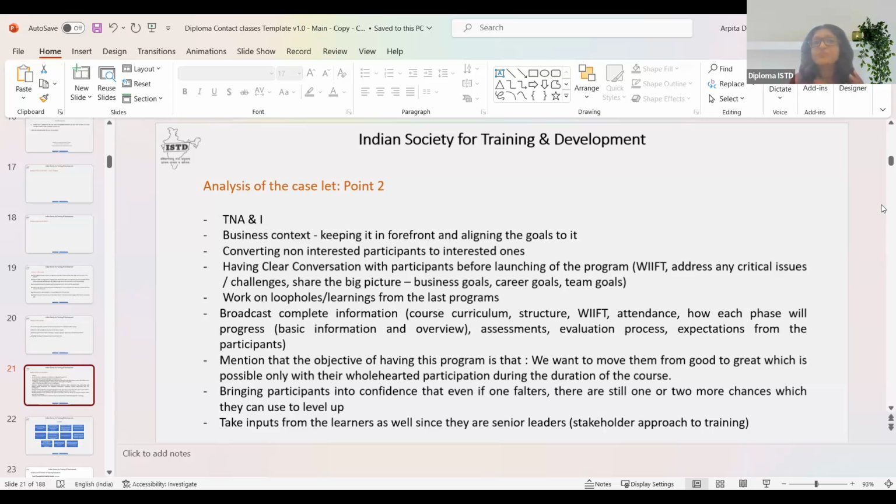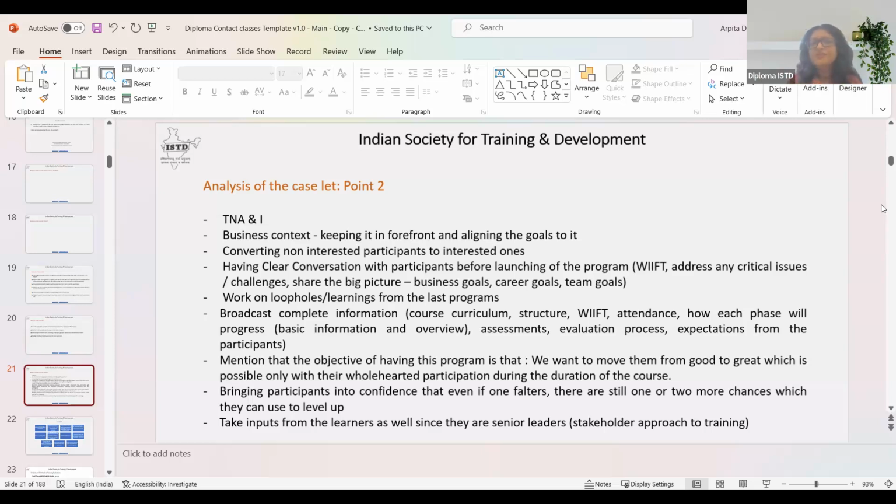Having a clear conversation with participants before launching the program, working on loopholes and learnings from the last programs, broadcasting complete information: course curriculum, structure, what is in it for them, attendance, that you will capture attendance, how each phase will progress, basic information overview, assessments, evaluation process, and expectations with the team members, also with the managers, so that managers can give the right information and cascade it down to their team members appropriately.